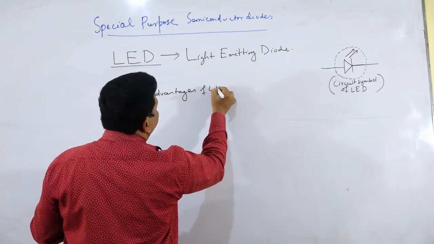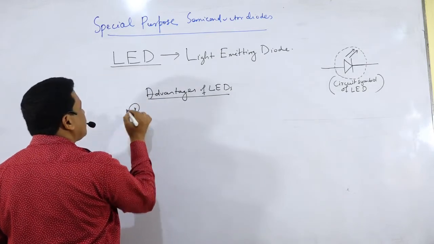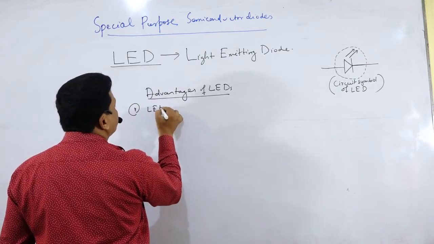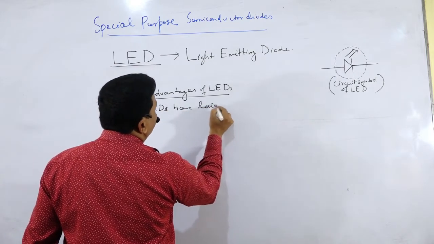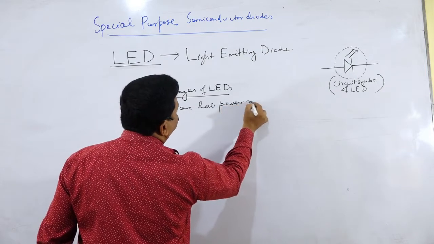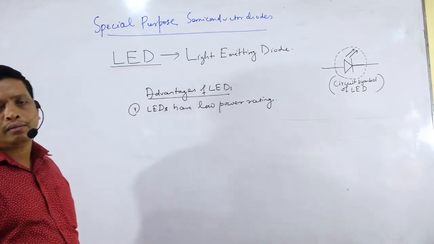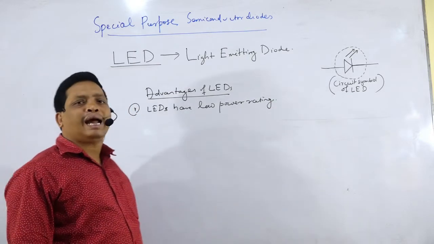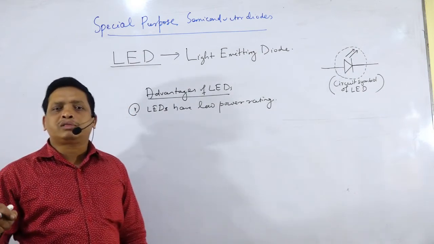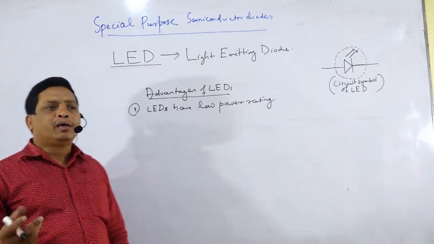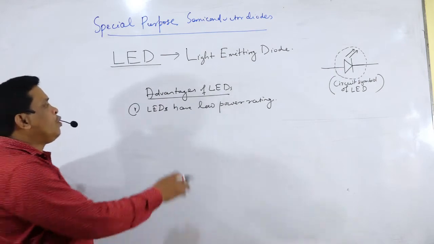Advantages of LEDs. Number one, LEDs have low power rating. It means they consume less power than incandescent lamp. That's why we are using LED bulbs at our houses, because less power, less current is required.